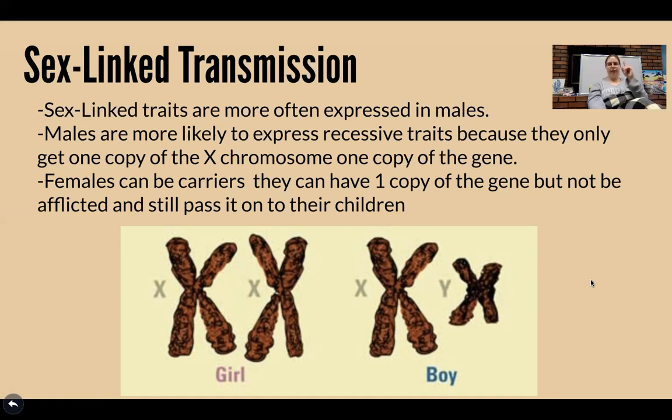If a guy has 1 dominant allele, the one on his X, he will not show the trait. But if the guy has the recessive allele on his X, he will show it, as opposed to females, where you need 2 recessive alleles to show it. The reason for this is that the boy is XY, and the X and Y chromosomes are not homologous.